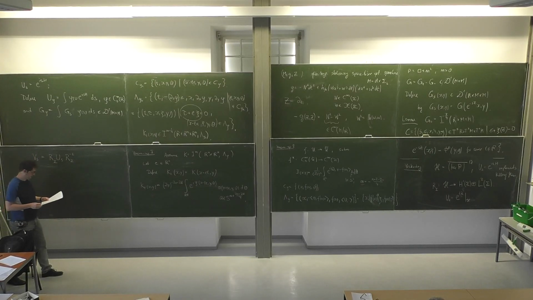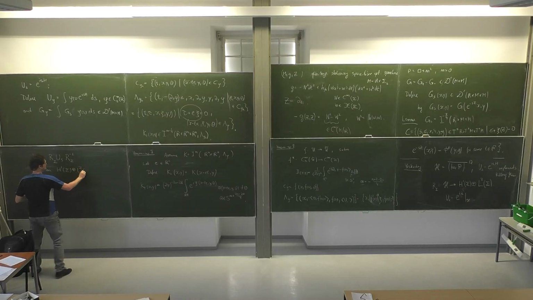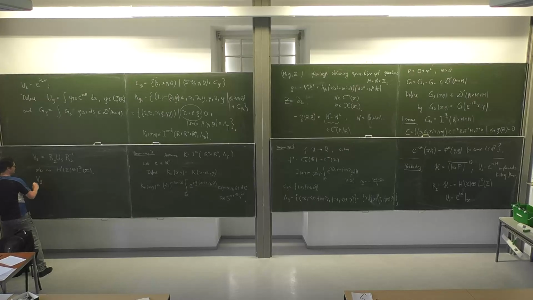For a moment, this acts on H1 of sigma plus L2 of sigma. And I also define V phi similarly. For a test function, I can smear this out.